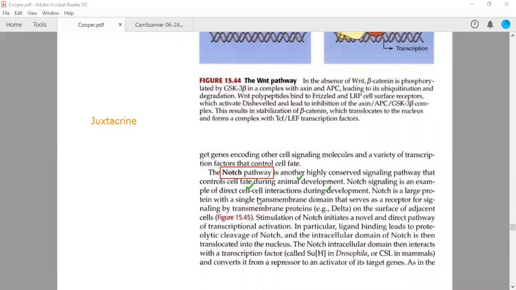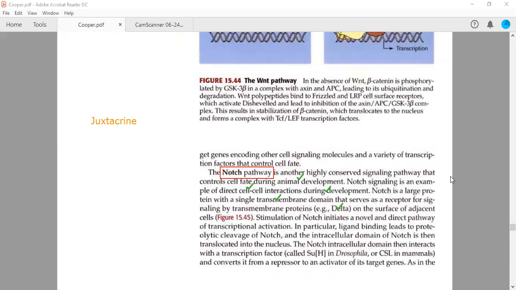Notch is a large protein with a single transmembrane domain that serves as a receptor for signaling by a transmembrane protein called Delta. So cell 1 has Notch, and cell 2 has another protein called Delta on its surface. Notch and Delta will interact with each other, as you can see from the next diagram.